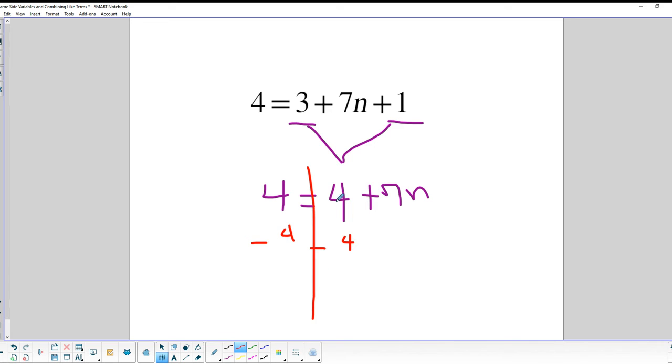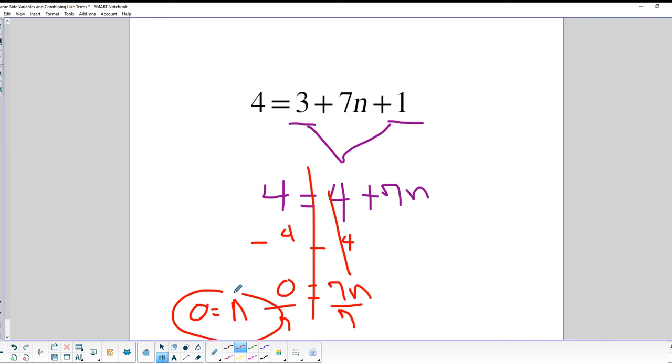Then that would eliminate that, and 4 minus 4 is 0, so we have 0 equals 7n. So to solve that, we divide both sides by 7, and n ends up equaling 0 divided by 7, which is 0. So in this case, n is 0. And that's the answer that works.